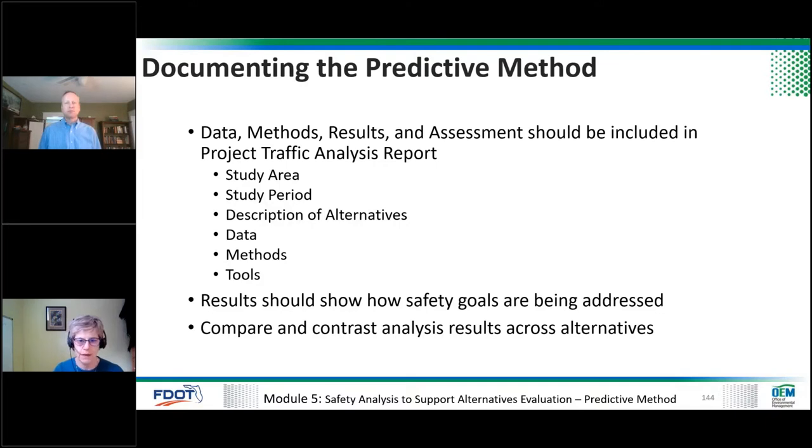And then the results, when you get to that point, the evaluation, should show how the safety goals, or the safety purpose and need, perhaps we should have said, are being addressed, or how what we're doing is not having substantive negative impacts. And then you want to be able to compare and contrast results across alternatives. Similar to any other work we're doing, it's document and then evaluate.